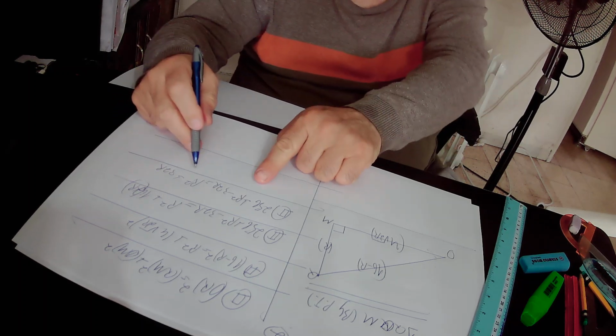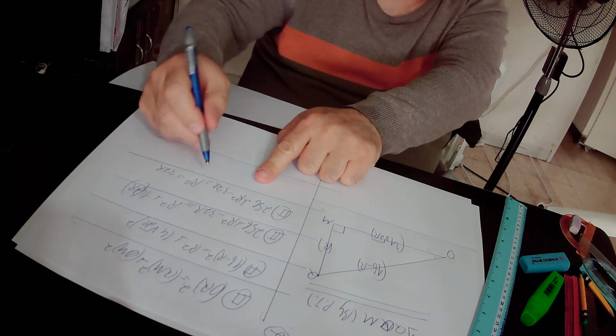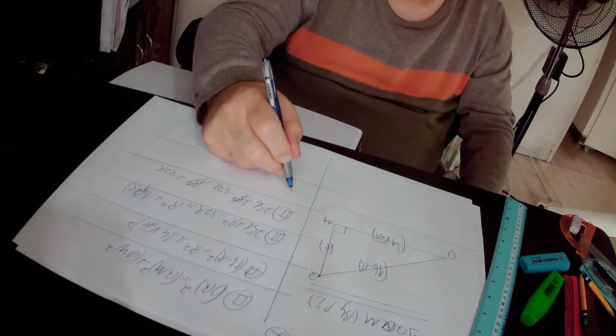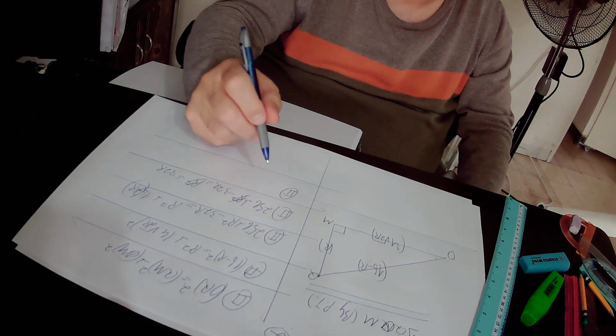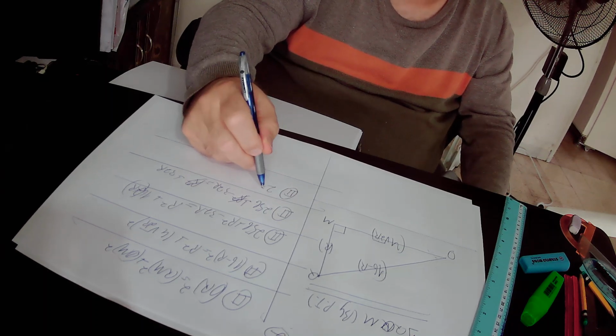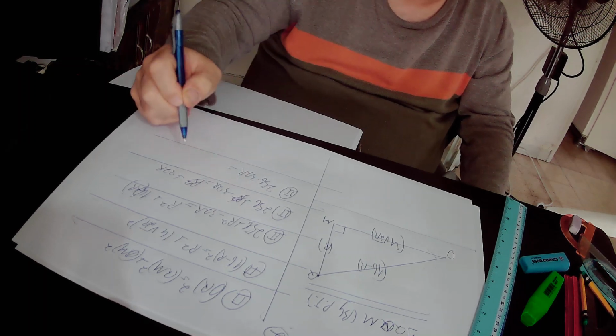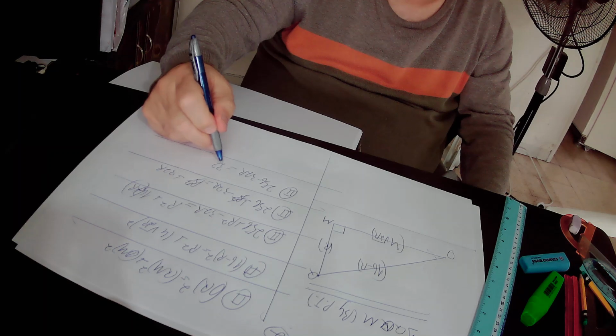Here we have R square on both sides of equation 2, so R square will get cancelled. After we cancelled R square, on this side of equation 2, we are left only with 256 minus 32R. On the other side of equation 2, we are left only with 32R.